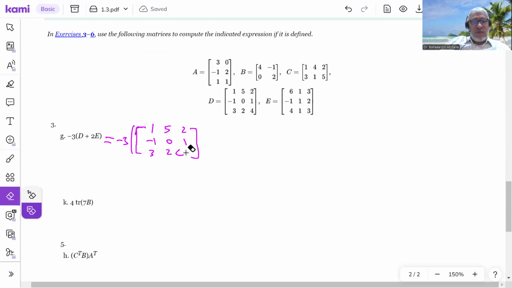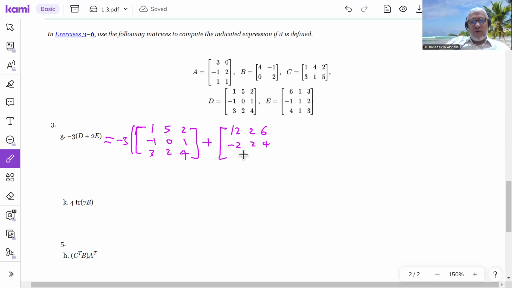Now, how would you write 2E? 2E means the number 2 is multiplied by the matrix E. This means you multiply each entry in E by 2. So you will have 12, 2, 6, negative 2, 2, 4, 8, 2, and 6. And now we can add these two matrices because they have the same size by adding the corresponding entries.